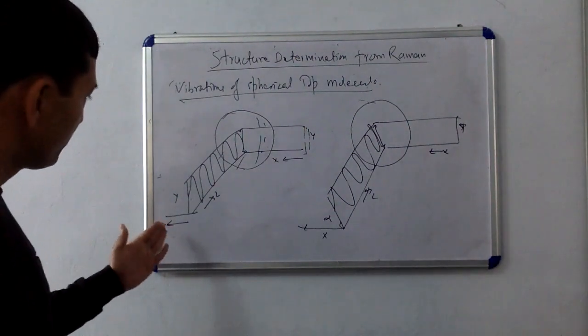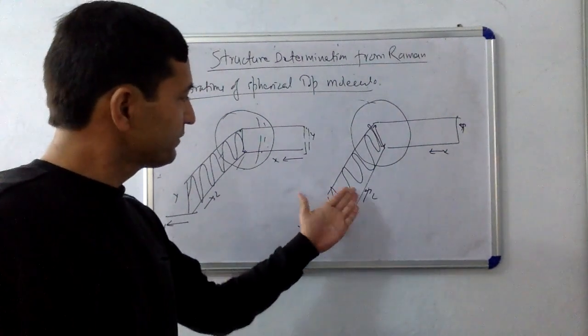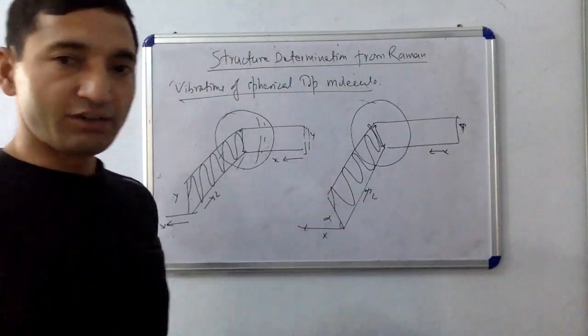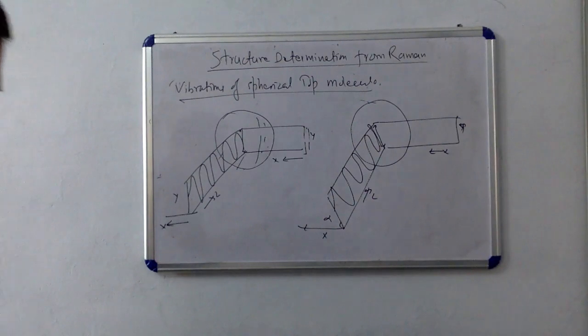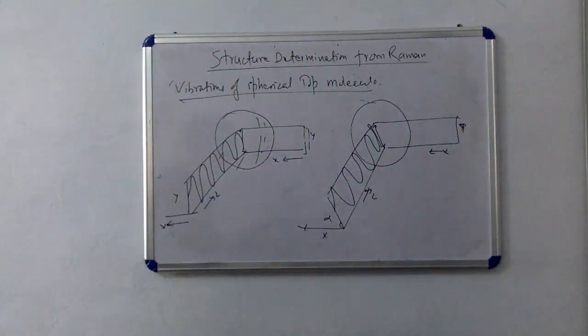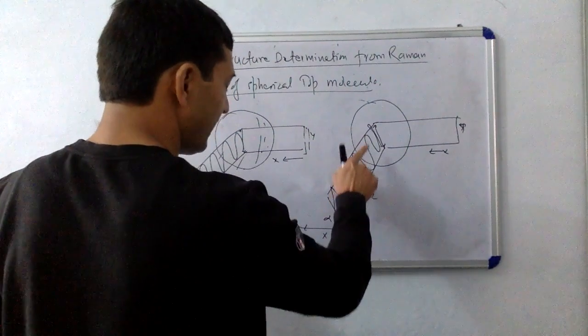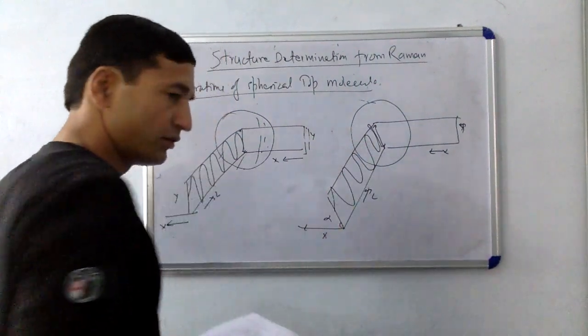Initially I had this polarization in the yz plane, and now from the yz plane it is making some angle alpha. So in both cases the induced dipole will be in the xy plane, and the incident radiation may have any angle alpha.